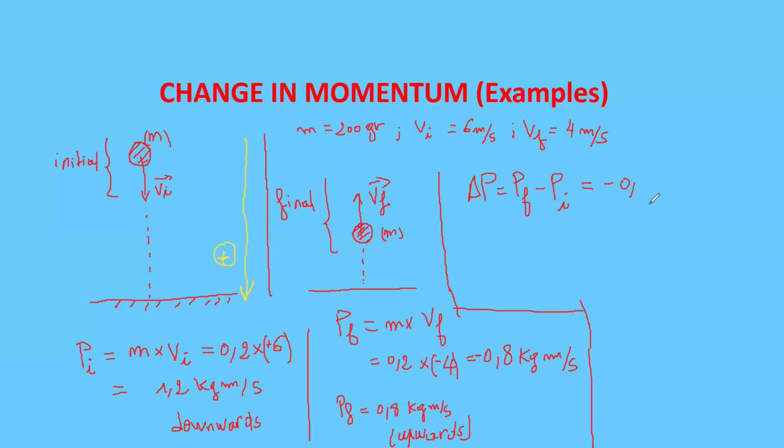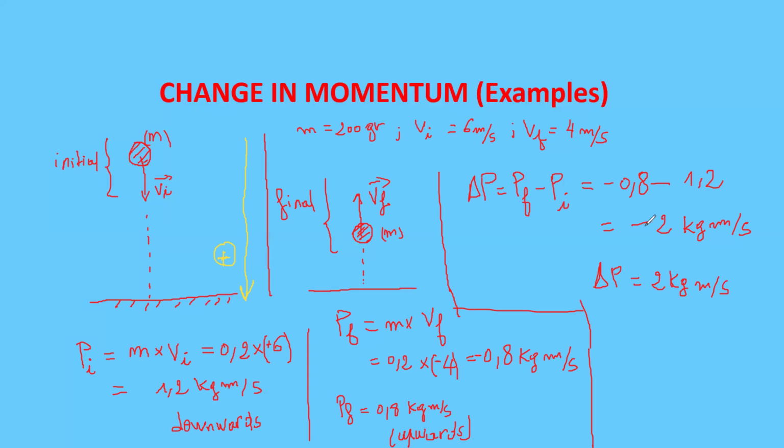So minus 0.8 is the final. This minus exists in the expression, and for the initial, I take this value, 1.2. So the result is minus 2 kilogram meter per second. Or I can write delta P is equal to 2 kilogram meter per second.